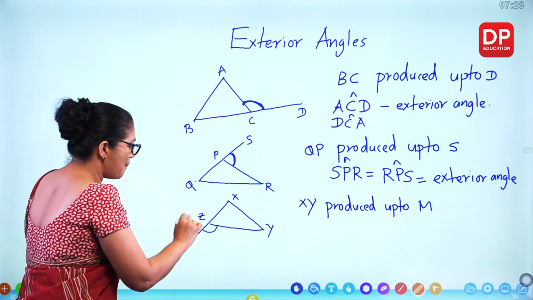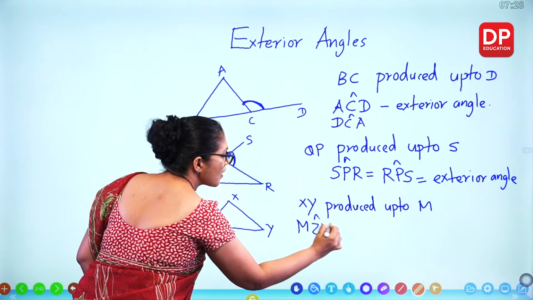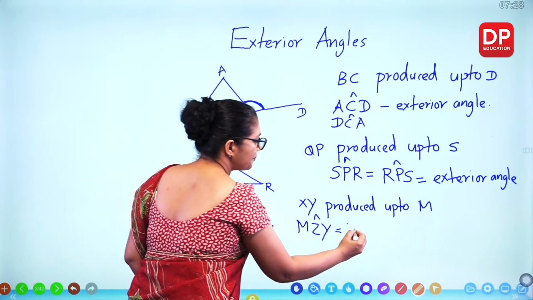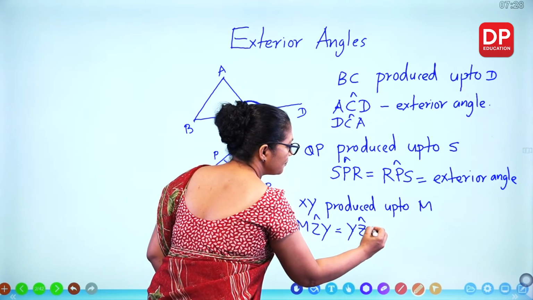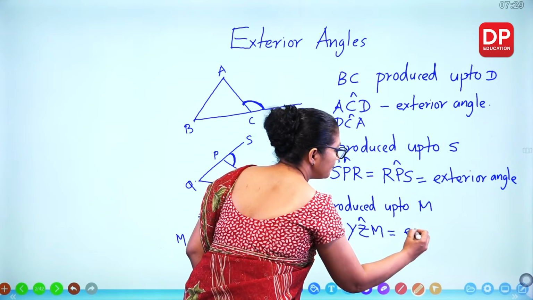We get MZY, or I can write YZM. That's the exterior angle.